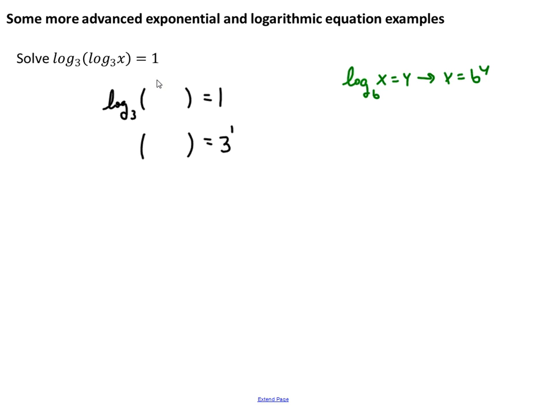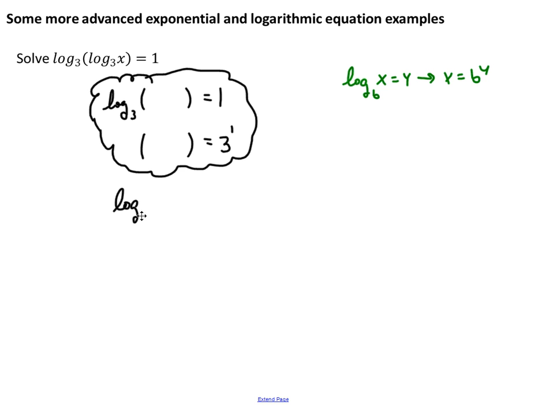Well, keeping this kind of diagram in mind, let's take a look at our expression. We've got the logarithm base 3 of, well, logarithm base 3 of x. But it doesn't really matter that that's logarithm base 3 of x, because now we just get logarithm base 3 of x is equal to 3 to the first.